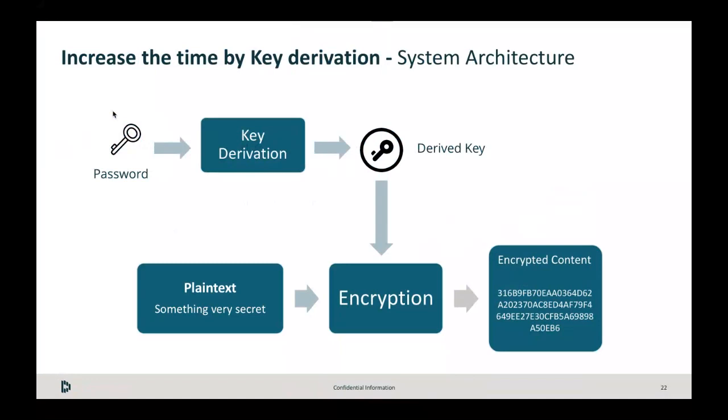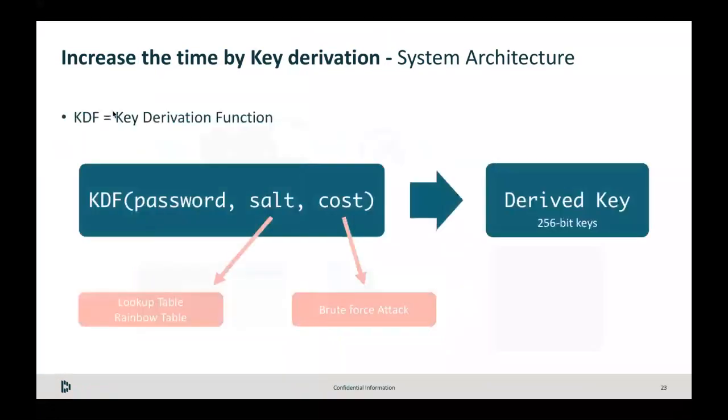A key derivation function, called KDF, takes a password, a salt, and a cost factor as input, then generates a password hash. The purpose is to make each password guess by an attacker who obtains a password hash very expensive, and therefore the cost of guessing a password is very high.